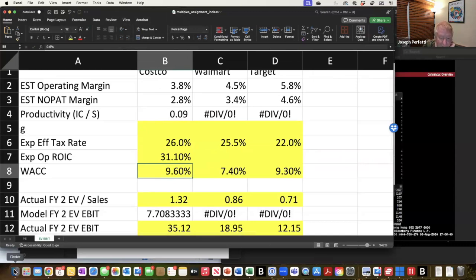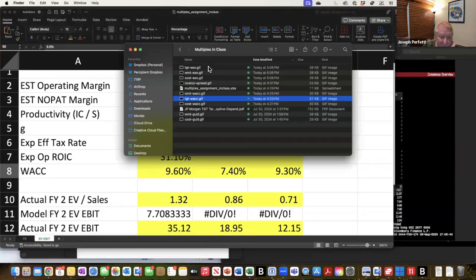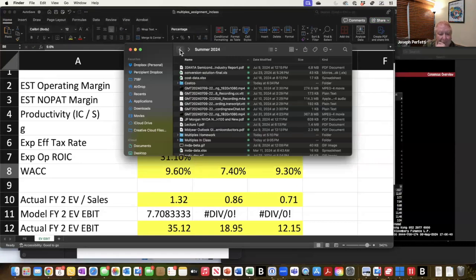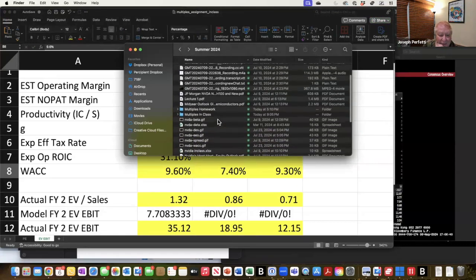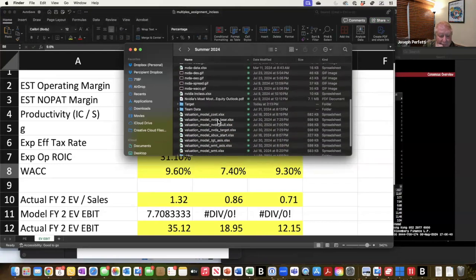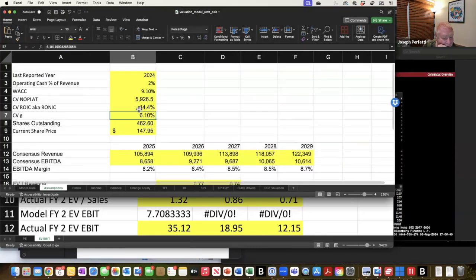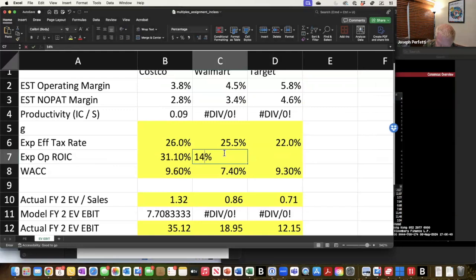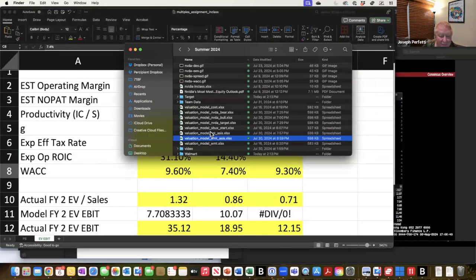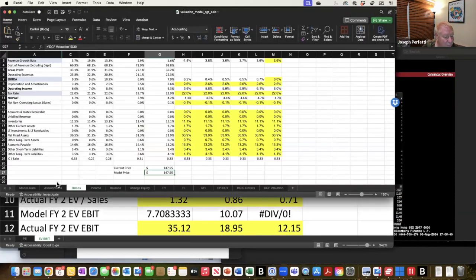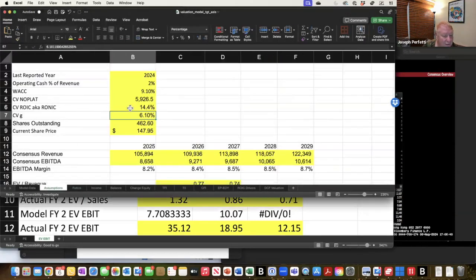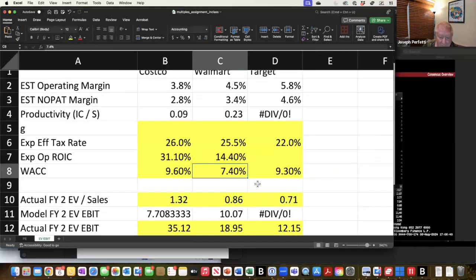For Walmart, we did an enterprise DCF, and we came up with 14.4%. And for Target, when we did our as is, we came up with an ROIC in perpetuity of 14.4. That was Target.